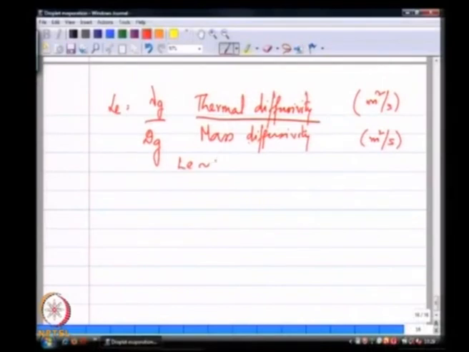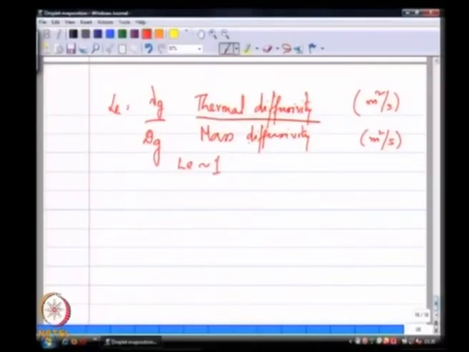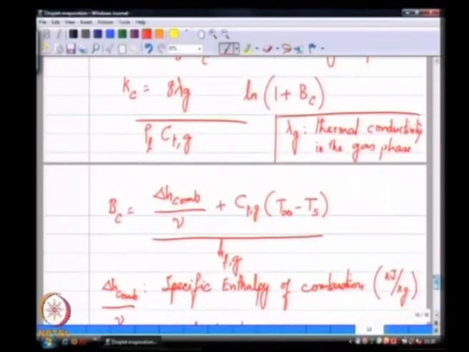So, when we say Lewis number is order 1, essentially that thermal diffusion process and the mass diffusion process are controlled by a parameter on the same order of magnitude. And therefore, under this condition, whether the process is limited by thermal diffusion to the liquid drop, or mass diffusion away from the liquid drop, the two are the same order of magnitude.